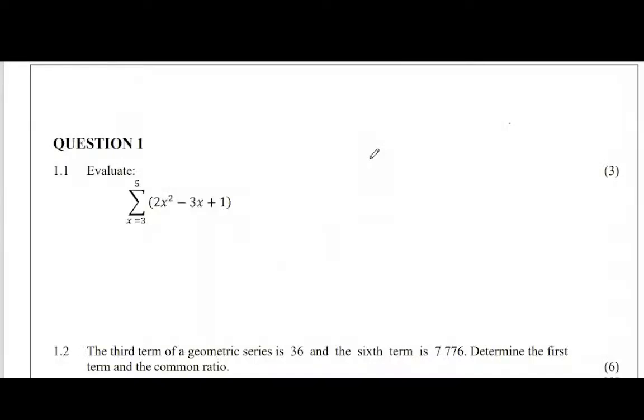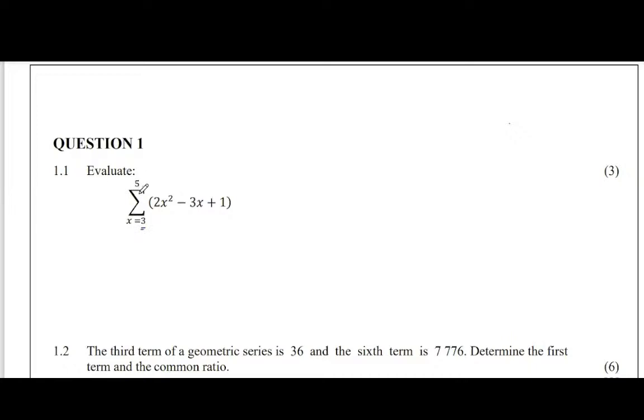Hello and welcome to this episode where we shall be discussing more of the revision of the term 1 topics in mathematics. Okay, in the first question, we've been given 1.1. They're asking us to evaluate the sigma of x equals 3 up to 5. Which means the starting point must be x is 3, and then the last one must be 5.